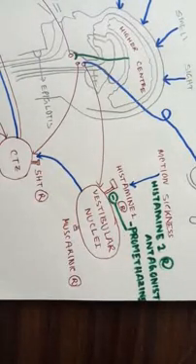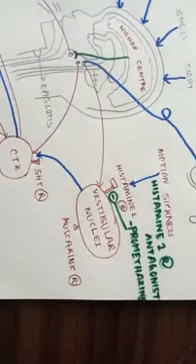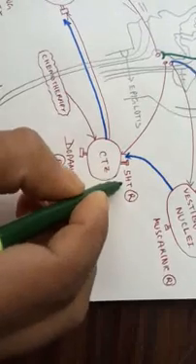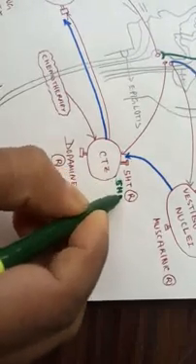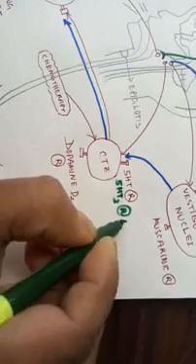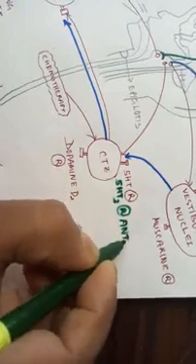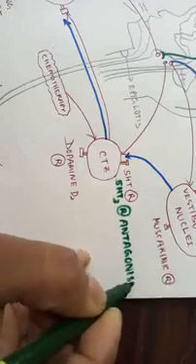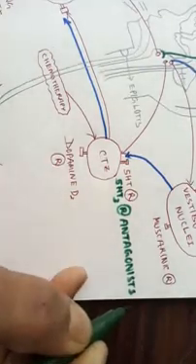Then comes the 5-HT receptor antagonist. Remember, these drugs end in satron. So remember, 5-HT3 antagonists are the drugs that end in satron.